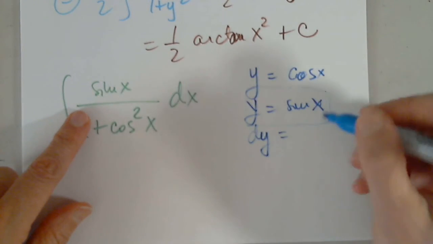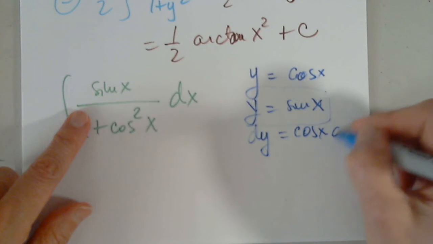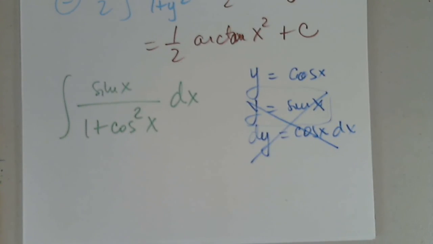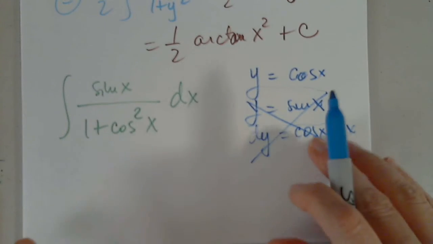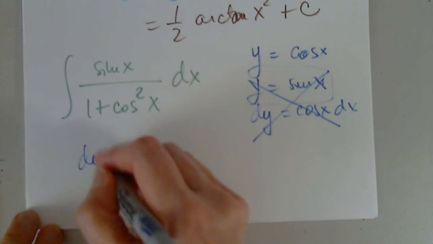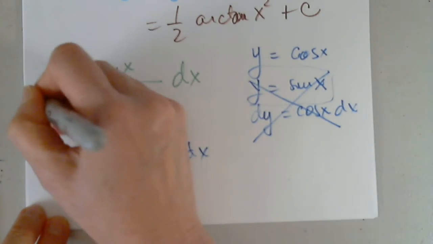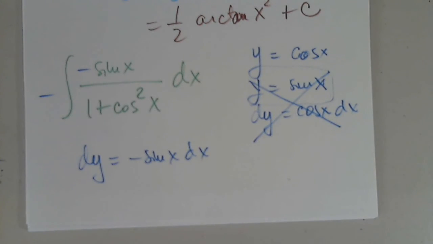For this, sine prime is cosine x dx. I don't have this in the problem. But what I do have in the problem is dy, which is negative sine x dx. Nobody cares about a negative. I can make that up in my sleep. Can multiply twice by -1. That doesn't mean anything. It doesn't make any change.